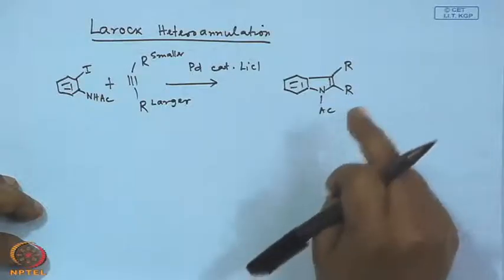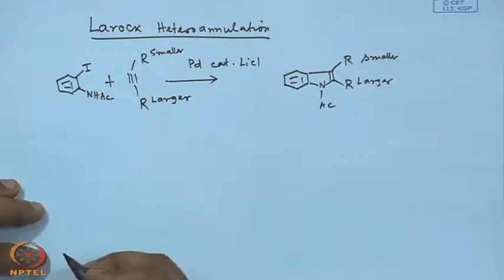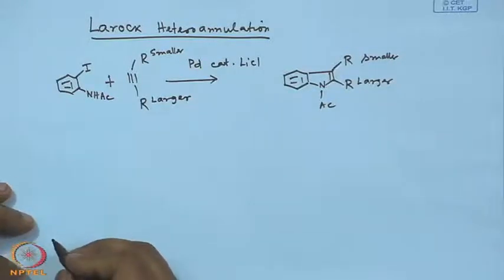Because of that, the larger R would be in a particular position, giving rise to the particular regioisomer. Okay. I will give you the answer: almost always the larger group would end up in position 2. So, obviously, the other one is the smaller one.